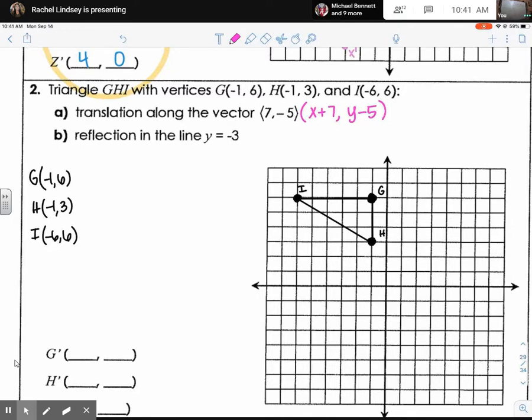Okay. So what I'm going to do is add 7 to all my x's and subtract 5 from all my y's. I'm going to go ahead and do all the x values first. So what's -1 plus 7?